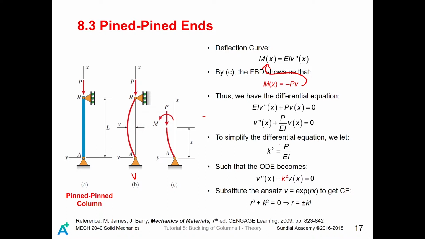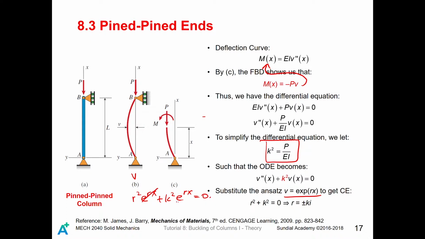So we are going to introduce a notation which is K squared equals P divided by EI. K later on has some meaning. So such ODE now becomes V double prime x plus K squared V equals 0. If we substitute V equals e to the power rx, then we have r squared e to the power rx plus K squared e to the power rx equals 0.